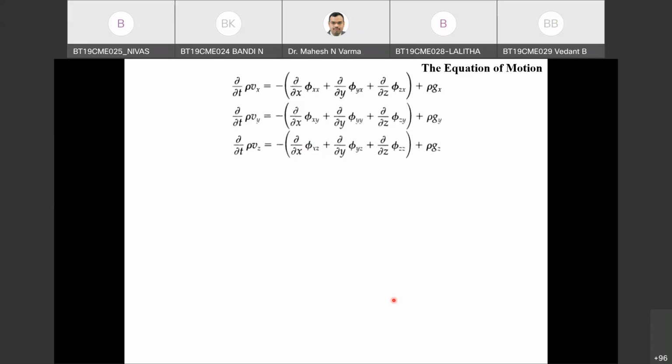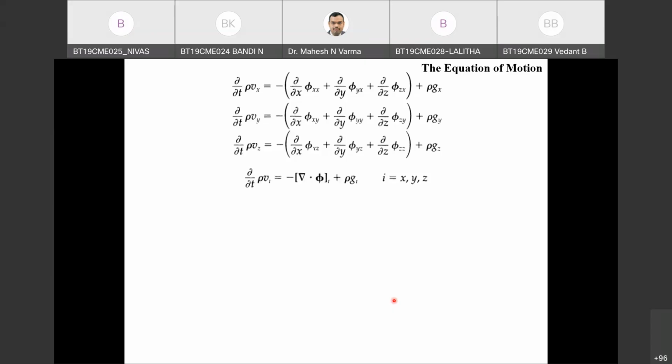One is the convective flux and another is the molecular flux. Again, the molecular flux consists of two components: one is the molecular flux because of pressure forces, another is the molecular flux because of viscous forces.